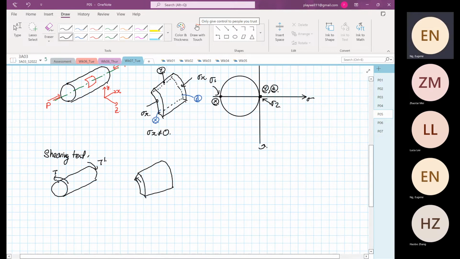And then if I do the hidden detail, we have shear stress over that direction, and then you have shear stress going in this direction.